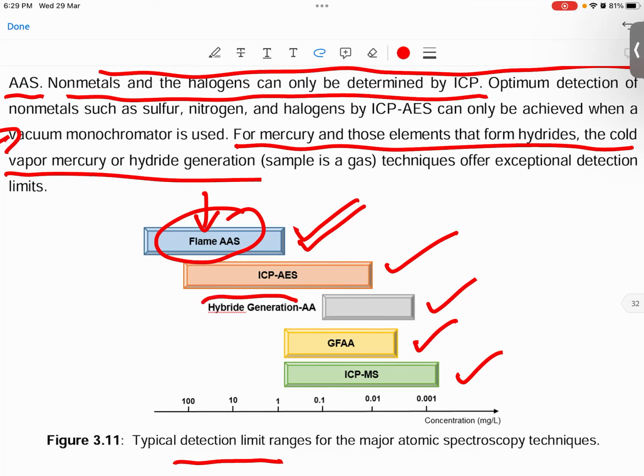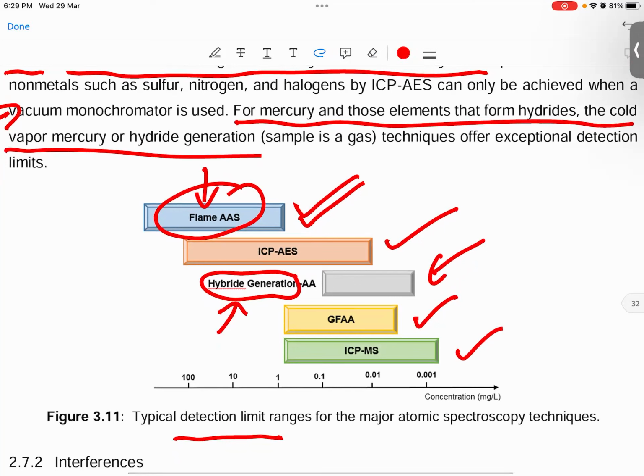Hydride generation means that it is AES but using a different kind of atomizer instead of flame, so it's more powerful. You can see that with changes of atomizer, the AES system can be converted into a much more sensitive machine. The best, of course, is ICP-MS.